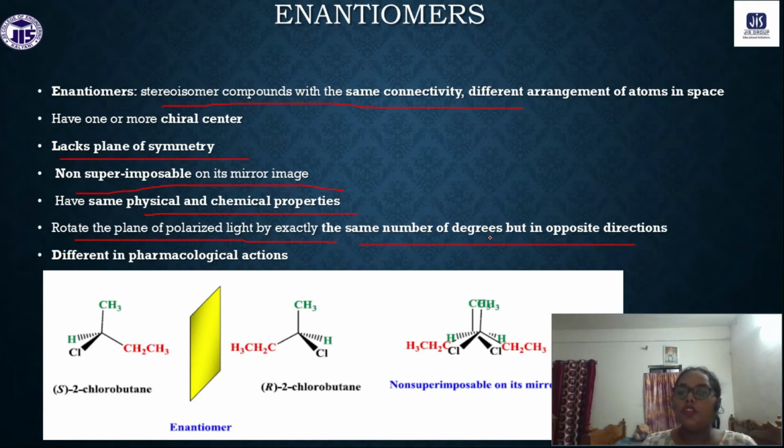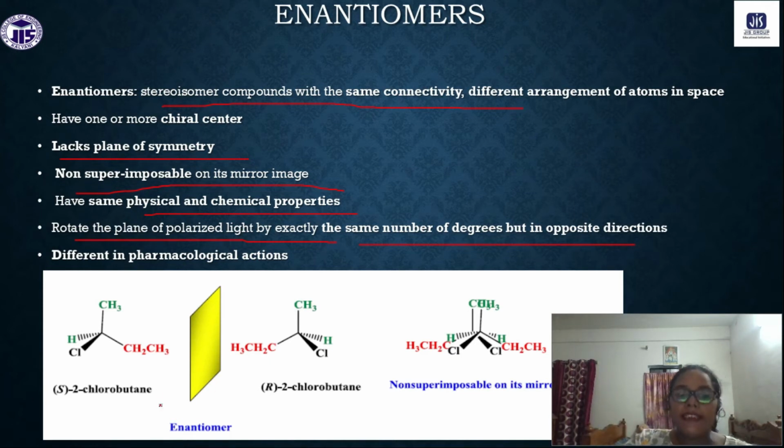So if the plane polarized light is passing through an enantiomer, that light will be rotated either clockwise or anti-clockwise. Enantiomers are capable of rotating the plane polarized light, so they are all optically active compounds.